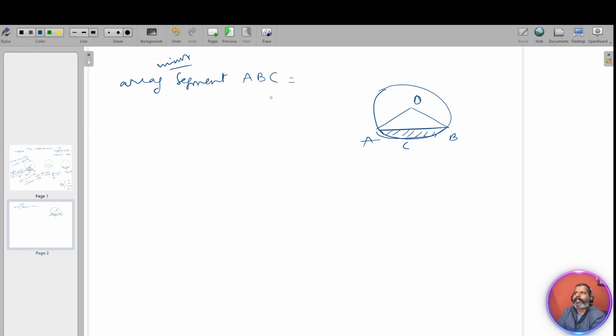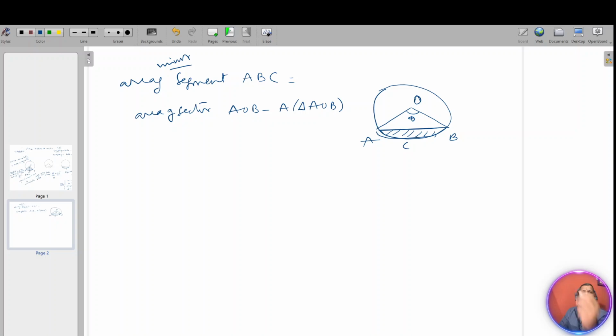Area of sector we can find, and area of triangle AOB. You subtract, you get ACB. That is area of sector AOB minus area of triangle AOB. Don't get confused by the word AOB. That's the reason I wrote area of sector behind AOB in the area of sector part.